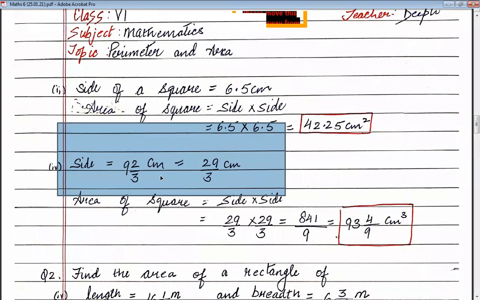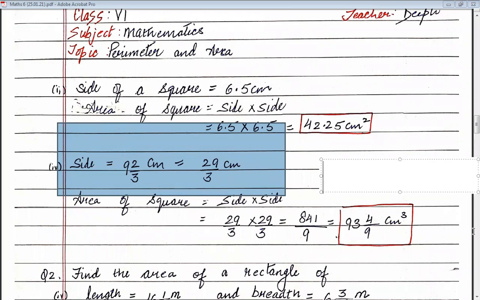Now, as you have a mixed fraction, you have to convert it into your improper fraction. So, let us convert: 9 3s are 27, 27 plus 2, 29. So, your side is given 29 upon 3 centimeter. Okay, and I hope you know the formula. What is the formula to find area of square?